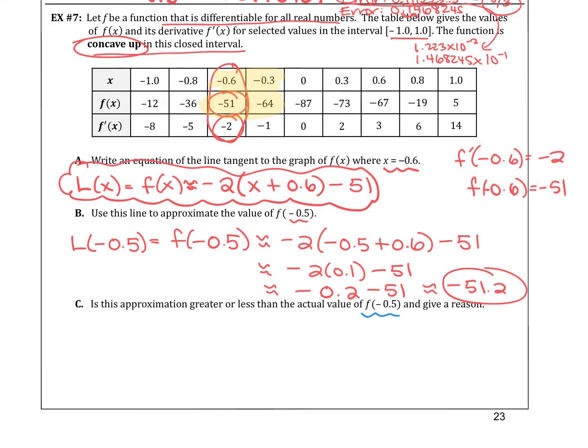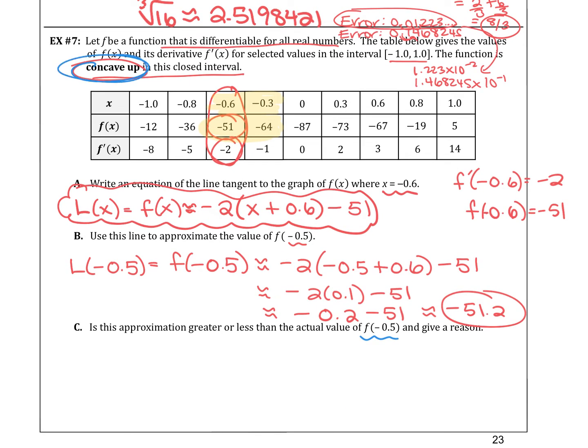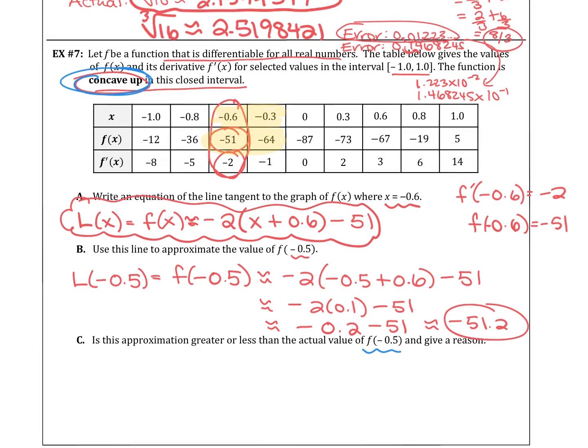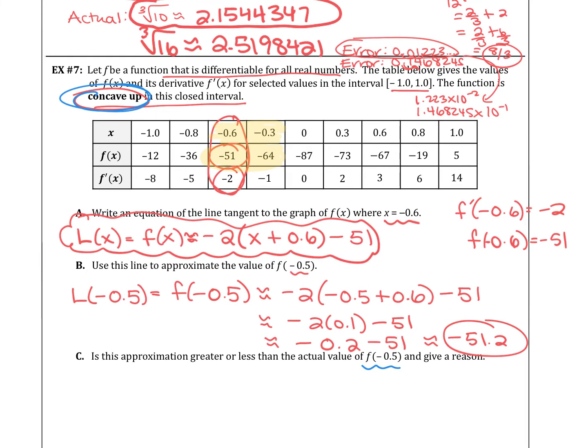But this is where they're asking you to understand that the function is concave up on the closed interval from negative 1 to 1. So for any x values from negative 1 to 1, when we use the linearization equation, we are going to have an underestimate.